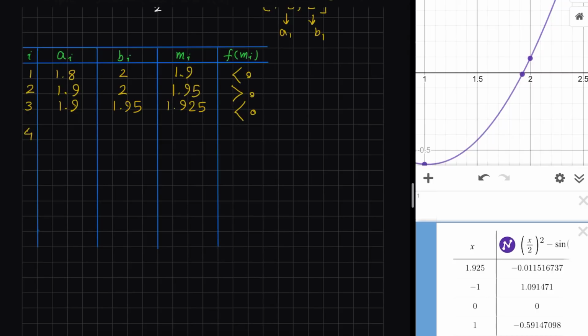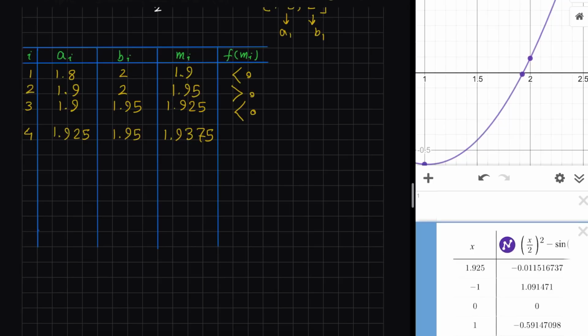iteration 4, we replace 1.925 with the first limit of the interval, and then 1.95, and the new midpoint is the average of these two values, which is 1.9375. This is our new midpoint.